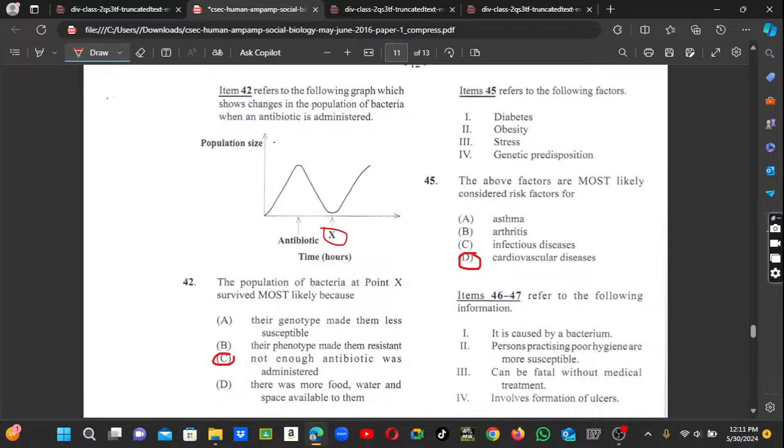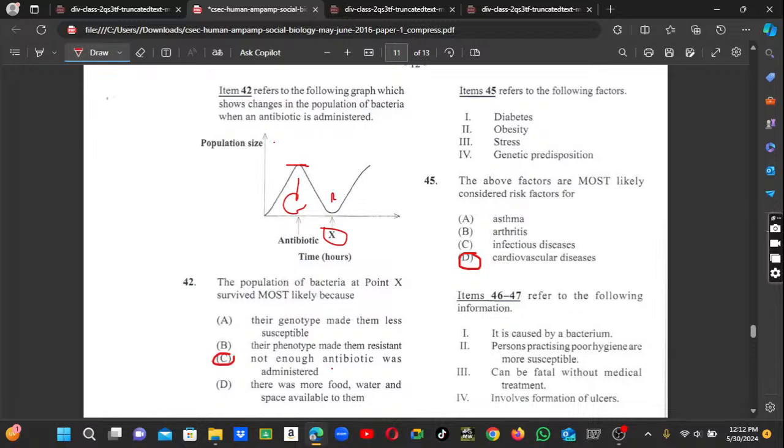Because there was not enough antibiotic administered. Sorry, not antibodies, but antibiotic. Anything to do with antibiotic, we know that antibiotic kills bacteria. So this is where the most antibiotic was, between this point, right? Here, this was the bacteria.